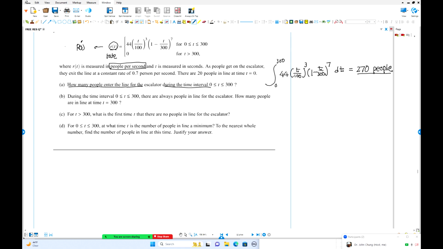During the time interval 0 to 300, there are always people in line for the escalator, right? There are some people. How many people are there at time t equals 300? Can you find it over here?